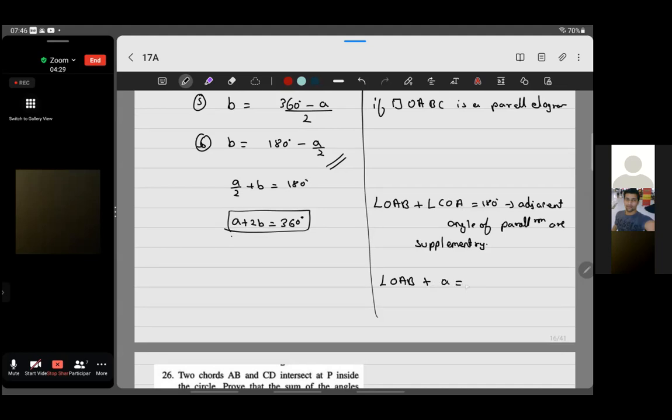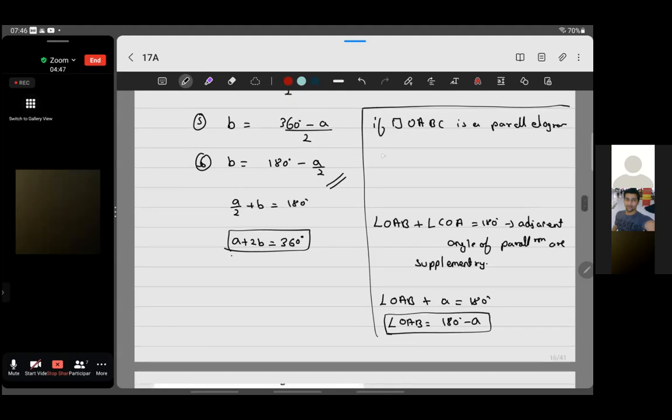Therefore angle OAB plus COA, कितना है? A है, 180 हो जाएगा. Therefore angle OAB is equal to 180 minus A. इसका वैल्यू आएगा 180 minus A. समझा? अभी A का वैल्यू पहले फाइंड करना पड़ेगा.